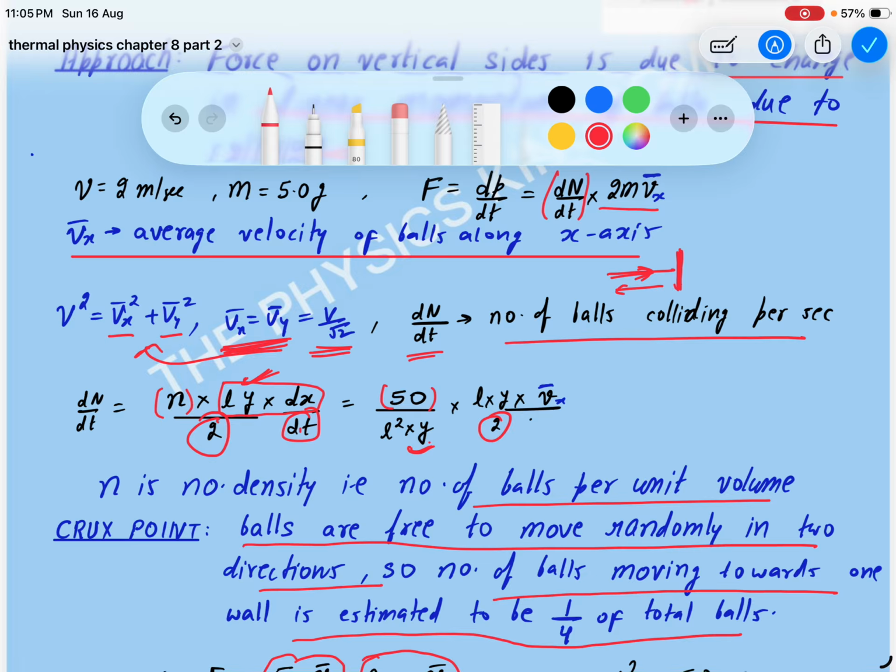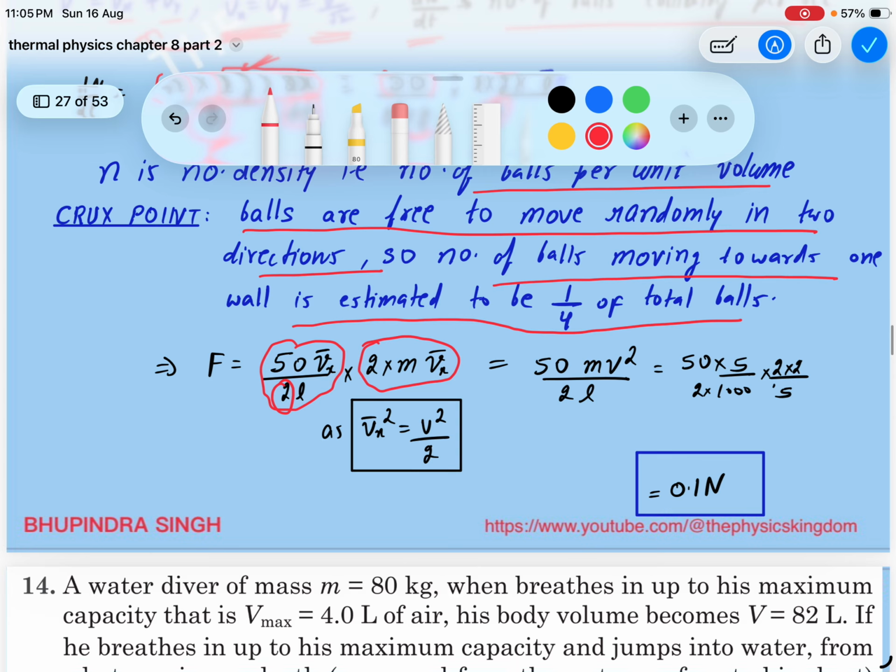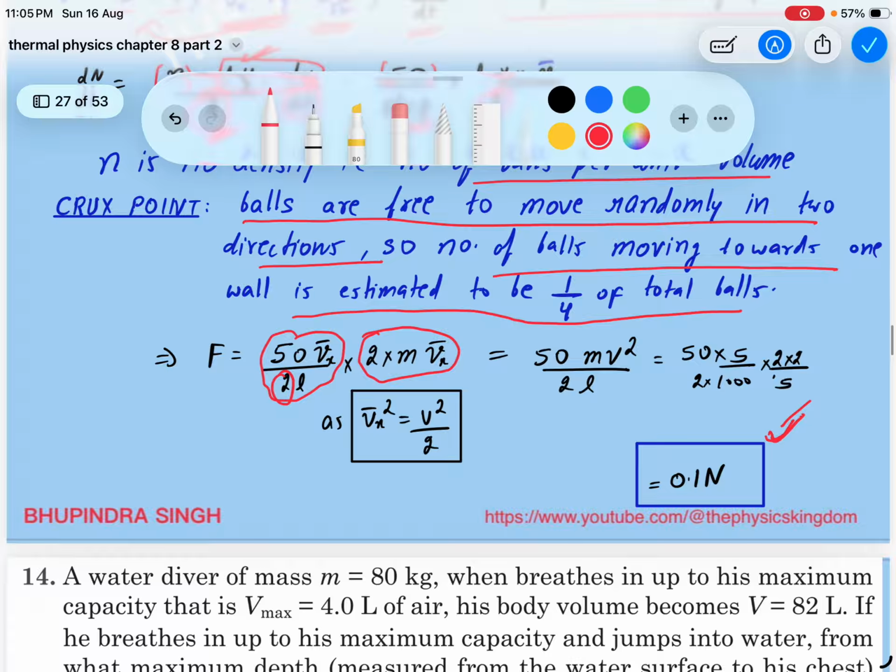So at an instant, in any small section, the total number of balls moving along x-axis towards our wall is half of the total balls which have their average component along x-axis. That's why we write this factor 2. Then on solving it, we get an answer of 0.1 Newton.